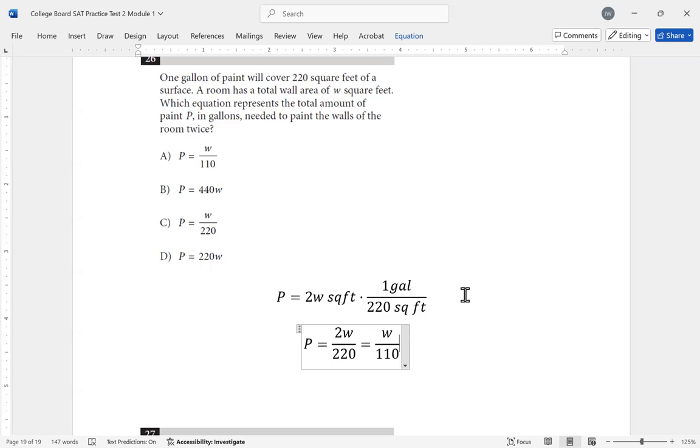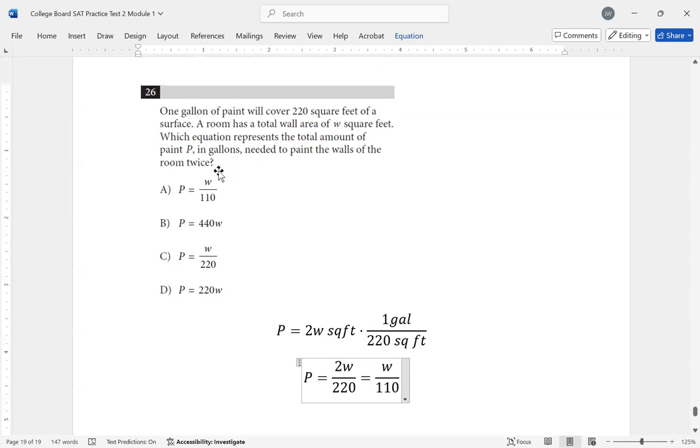Therefore, A is the correct answer. By the way, be very careful in reading this problem. The first time I read it, I didn't read the word twice, and so I thought, oh, that's weird. But make sure you read that word twice. If you're painting the wall twice, then you painted 2W square feet.